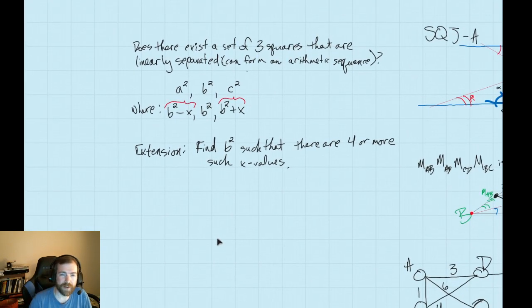If anybody can find it, does there exist a set of 3 squares that are linearly separated or can form an arithmetic sequence with each other, i.e. a squared, b squared, c squared, which can be rewritten as b squared minus x, b squared, and b squared plus x. Notice that every time we move up 1 in the sequence, we're adding x, some number, which is going to make sure that these are also themselves squares.